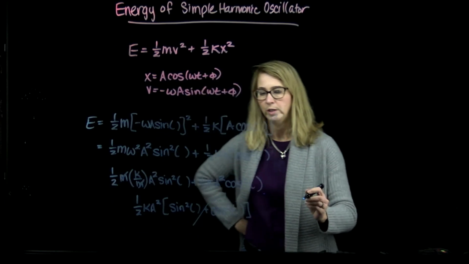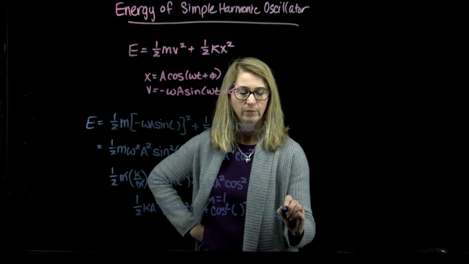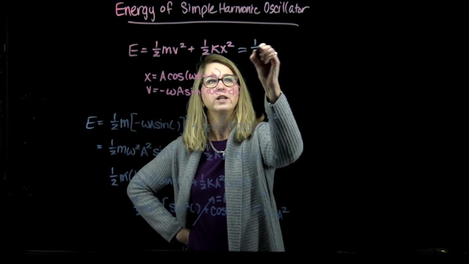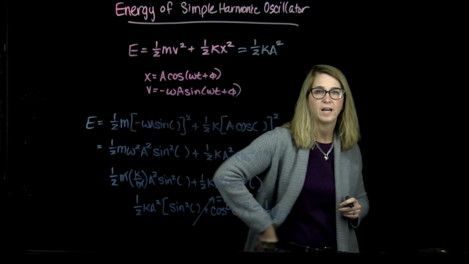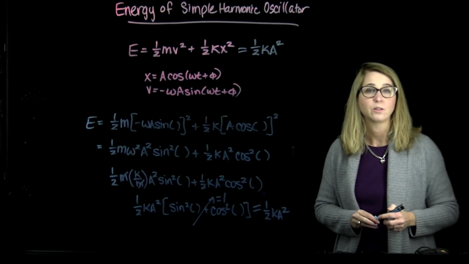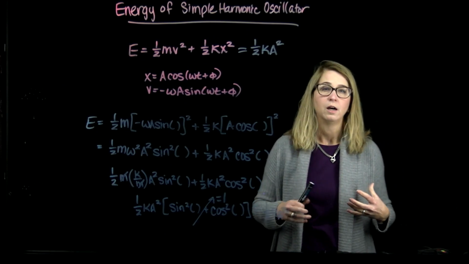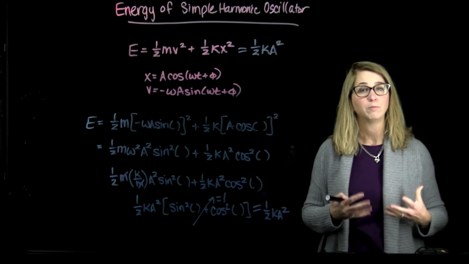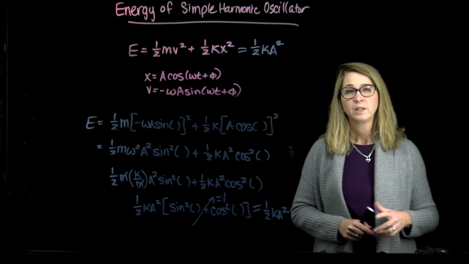And so we come to the conclusion that the total energy can be expressed as 1/2 ka squared. That really comes in handy as we're trying to figure out, for instance, how fast the object is moving if we know what its x coordinate is.